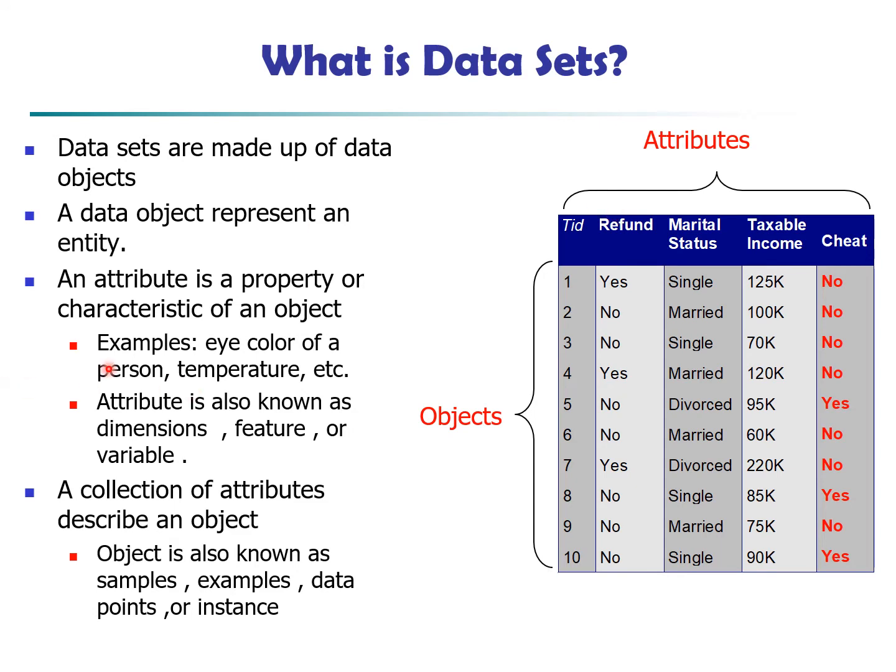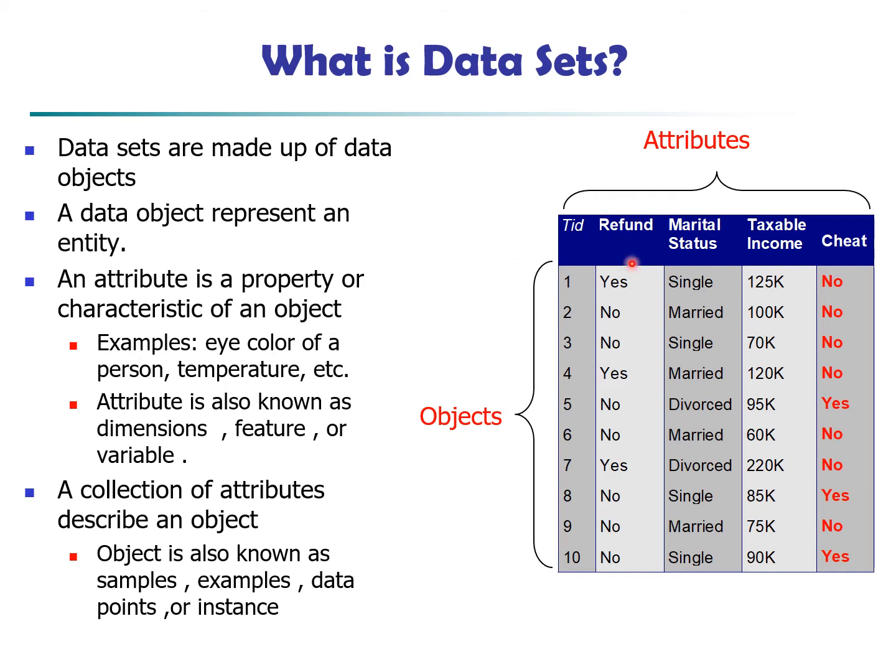So an attribute is a property or characteristic of an object. An example, different from the one here in the table: eye color of a person, temperature, etc. And also the attribute is sometimes called a dimension, or a feature, or a variable. So refund here can be called a variable, or a feature, or a dimension.